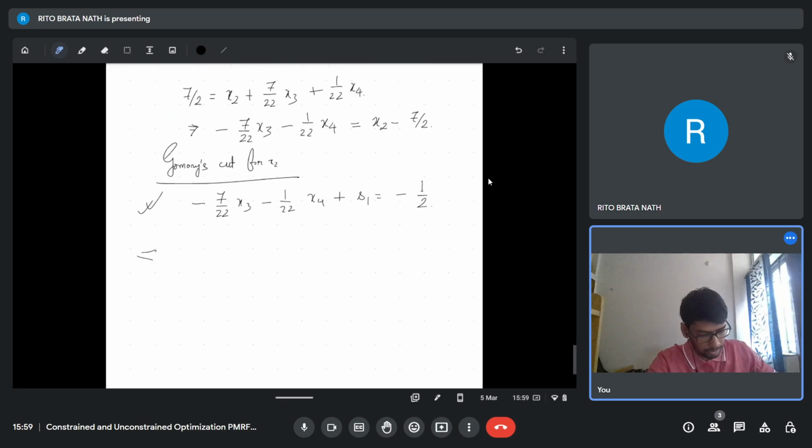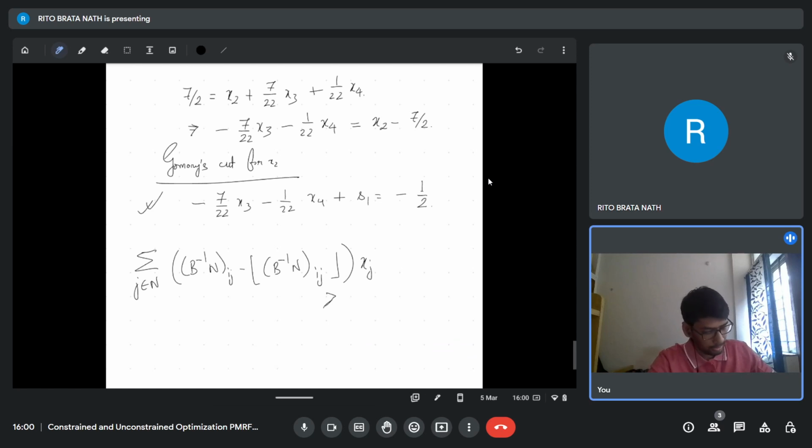Another method could be to sum over j belongs to N of B inverse N_ij minus floor of B inverse N_ij, which is greater than or equal to B inverse b_i minus floor of B inverse b_i. This was not discussed in the class, but this is one method I found useful.